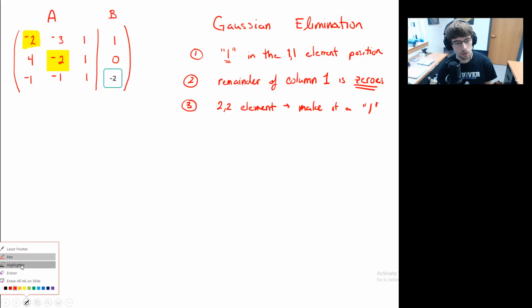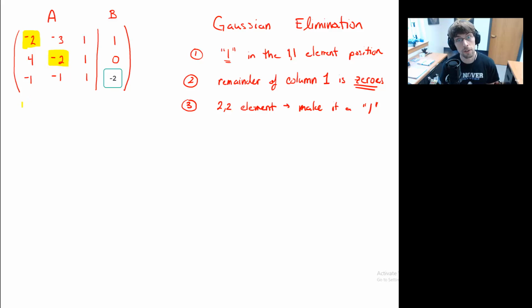So after we do the first one and get that set to 1, we 0 out the column. Then we'll move to the next diagonal element, if you will. We'll turn that into a 1. And guess what the next step is? We'll 0 out the second column.